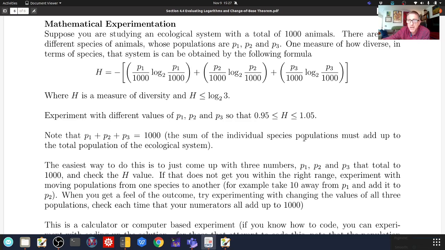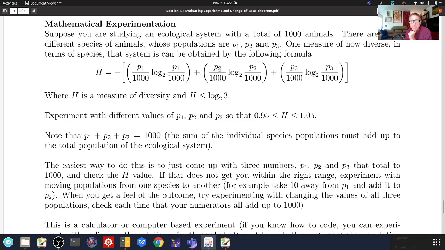One measure of how diverse in terms of species that system is can be obtained by the following formula. Notice the whole thing is included in parentheses, and it has to do with log to the base 2. So it's my population 1 divided by 1,000 times the log to the base 2 of that population divided by 1,000.